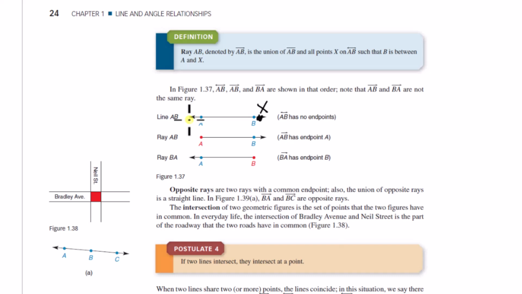So we're not including these points over here. Is this X as well? Well, no, because B isn't between A and X in that case. So that's not included in these X points.